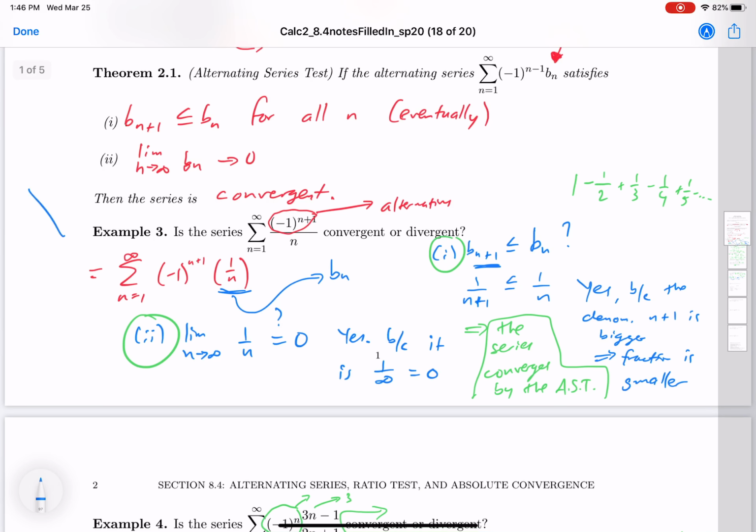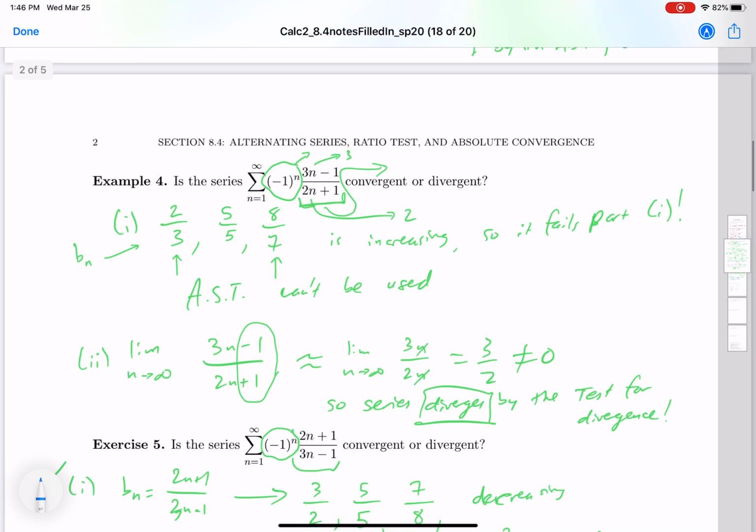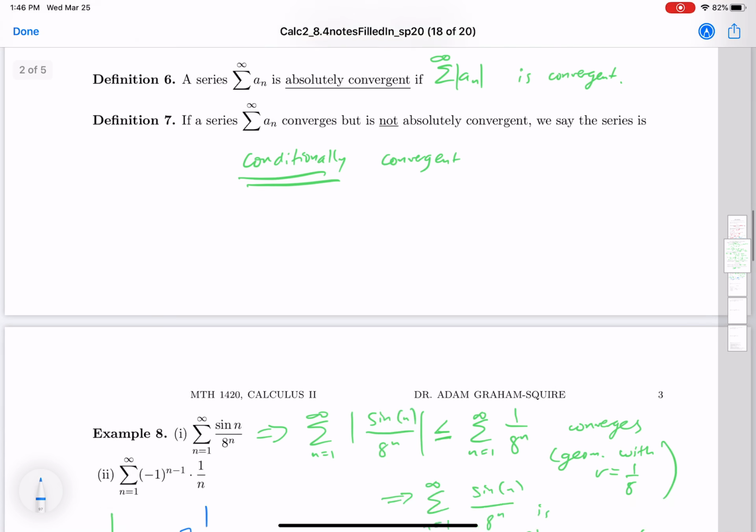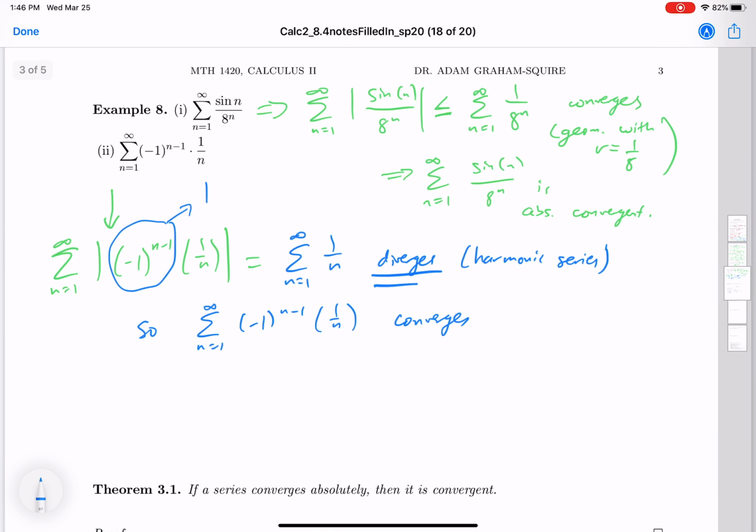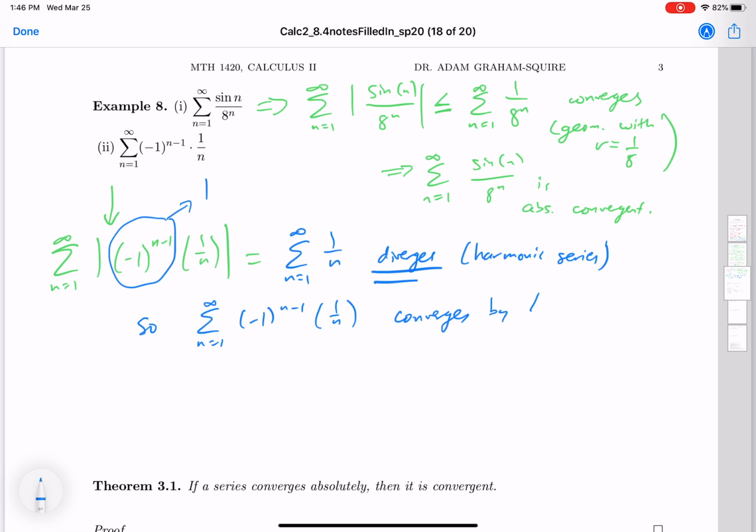That was this one, example 3. So we know that one does in fact converge, but it is not absolutely convergent. In particular, we would say it is conditionally convergent.